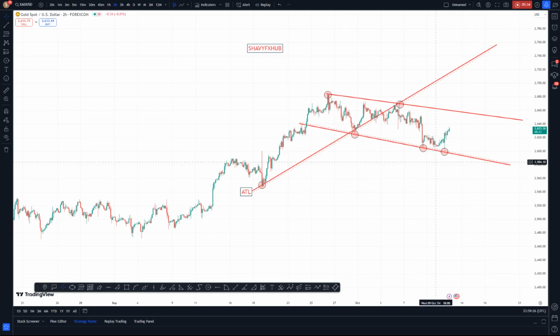So price has left, and a nice 300 pip push from 2,603, and price might likely tap into 2,657.88. So we will use our daily candle strategy to see if that will be possible in the New York session.